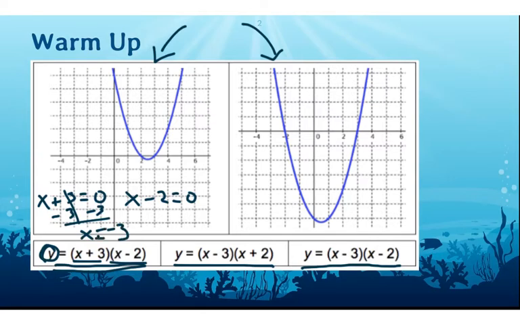And here I'm going to add 2 to both sides of that equal, and I get x equals a positive 2. All right, so in this particular equation, let's call it equation 1, I have roots that are a negative 3 and a positive 2.